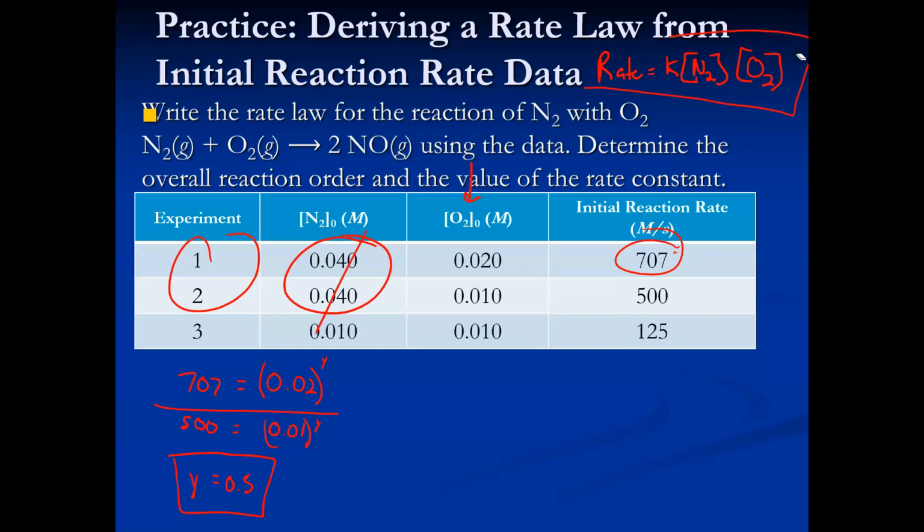Okay, so this means our rate law, I just wrote that on the wrong one, I'm just going to write it down here. Our rate law is this: rate equals k times N2 to the 1, but we don't usually write the 1, and then O2 to the 1/2.